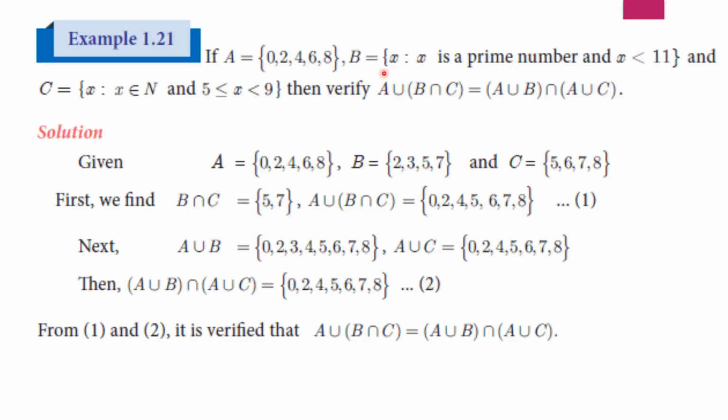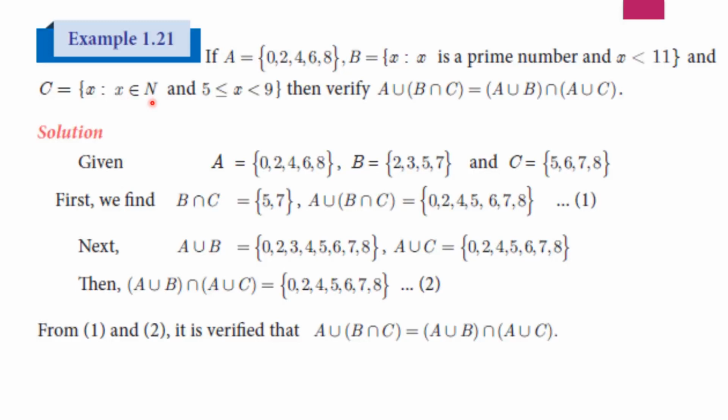Here B is the set of x such that x is a prime number and x less than 11. That is, you have to write the prime numbers which are less than 11. And C equal to the set of all x such that x belongs to capital N. Here capital N represents the natural numbers. What are natural numbers?